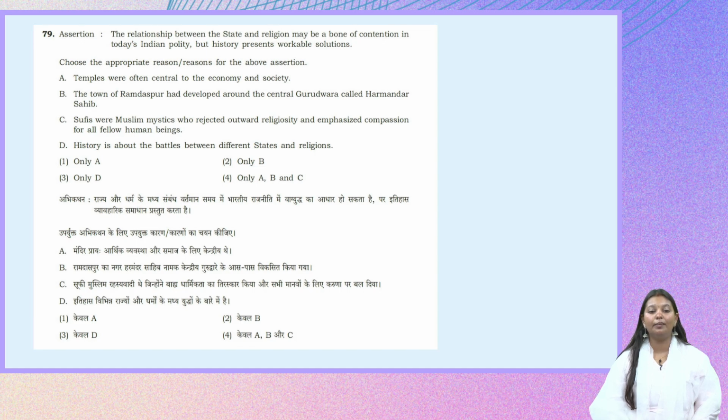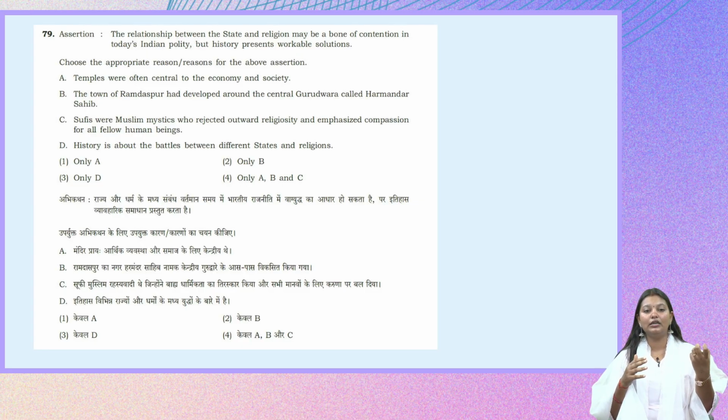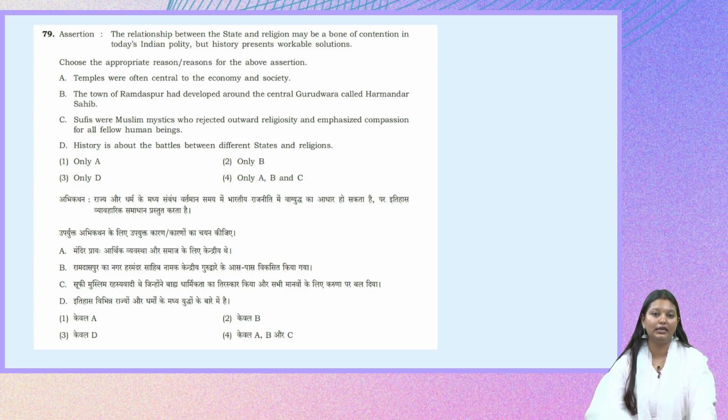And the fourth, history is about the battles between different states and religions. So when you look at all of these, you can understand that in history, there were always workable solutions when it comes to state and religion. This bone of contention was not prominent then.